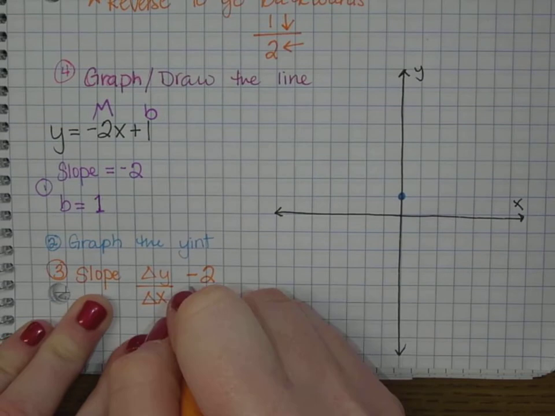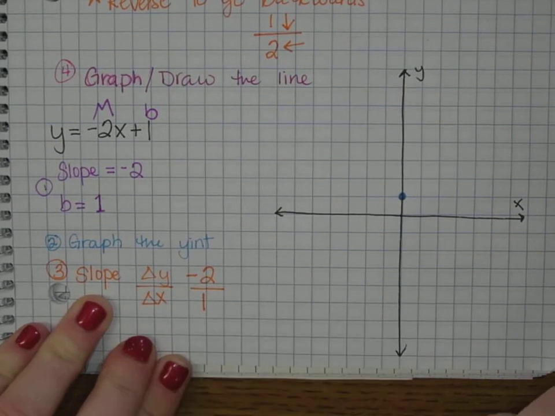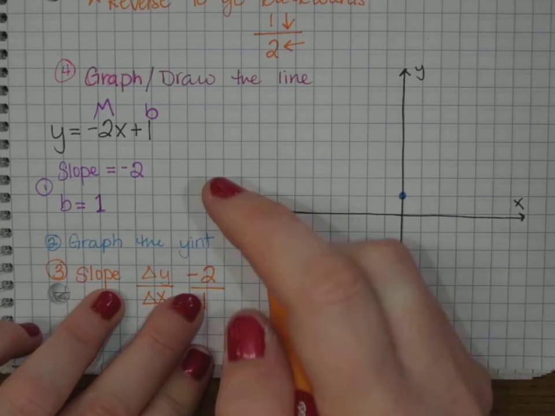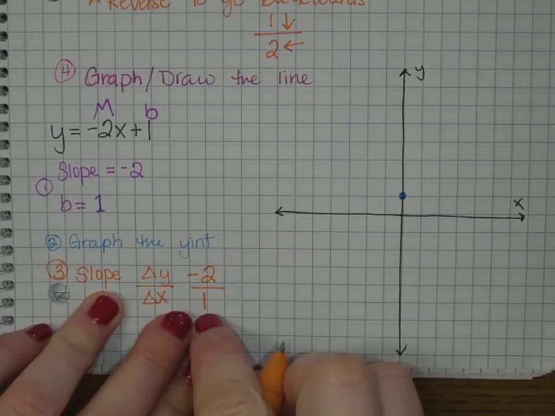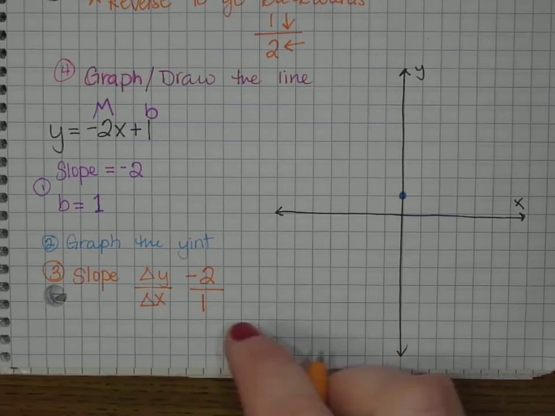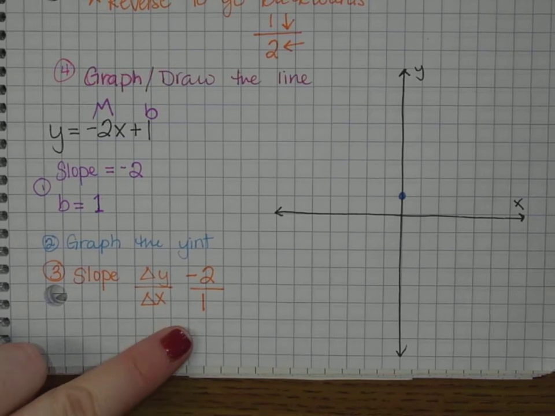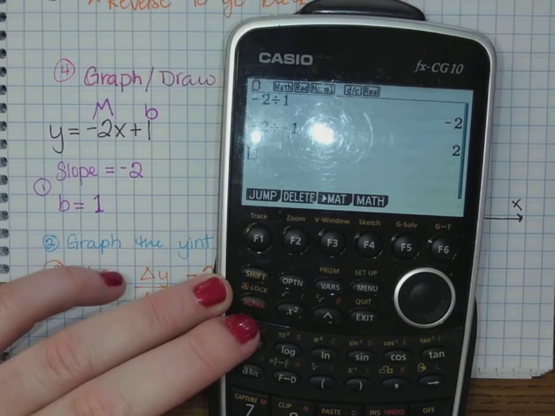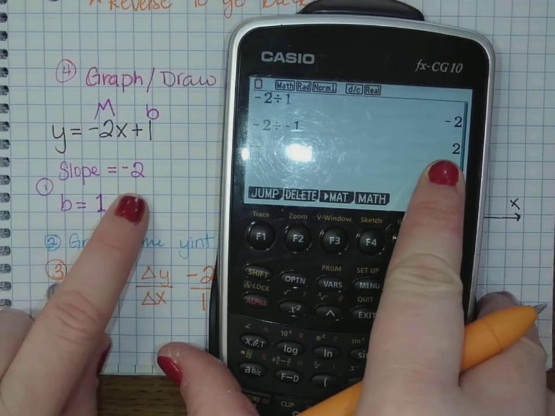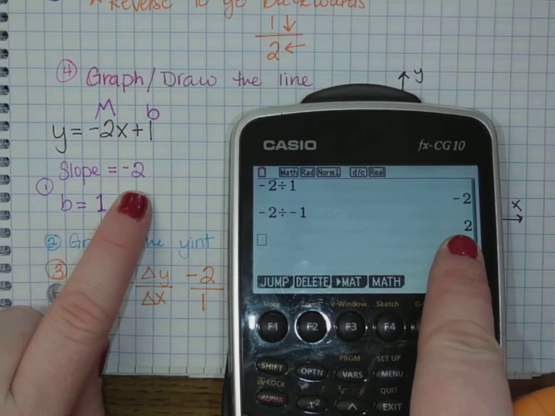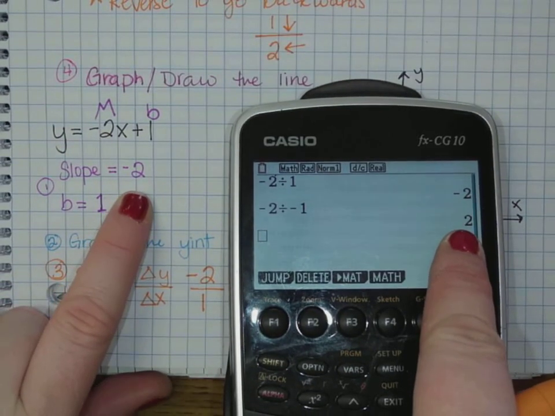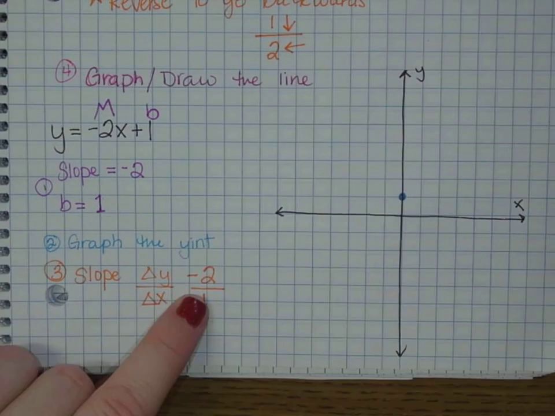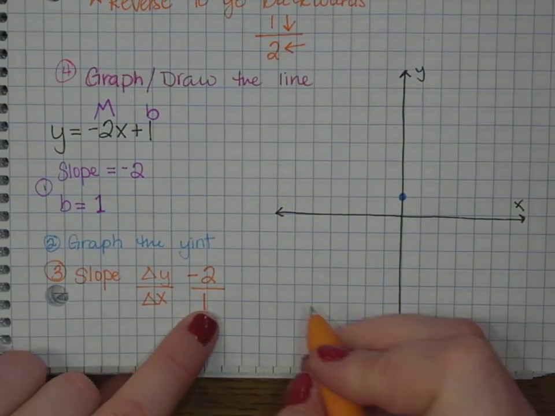When you put these over 1, it doesn't change anything. So my rise is negative 2 and my run is 1. Notice it's not a negative 1, because negative 2 divided by negative 1 would change the slope to a positive 2. Sorry, the sun is shining in this morning. So it has to be 1 negative, 1 positive: negative 2 divided by 1.